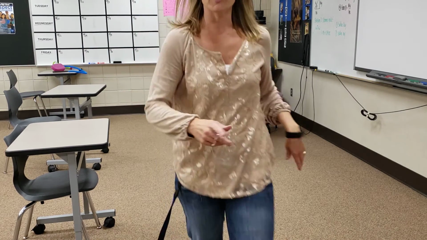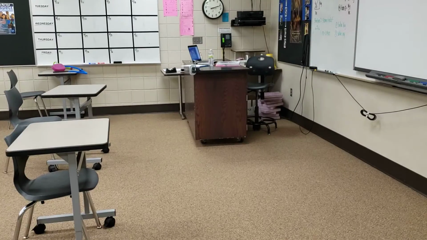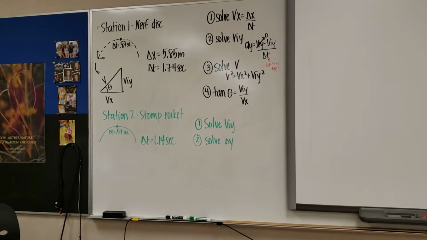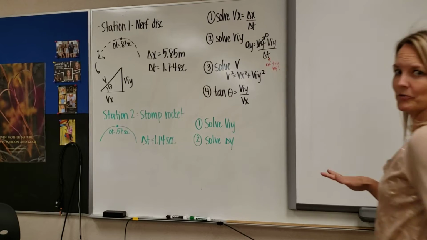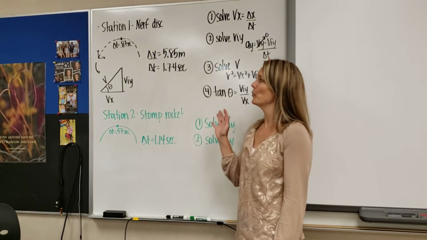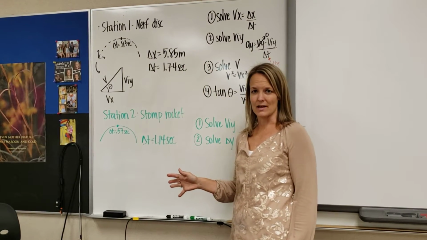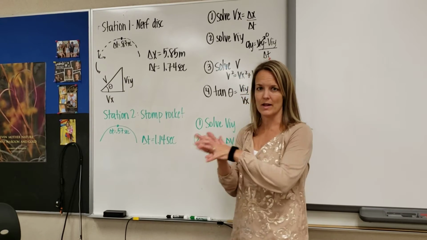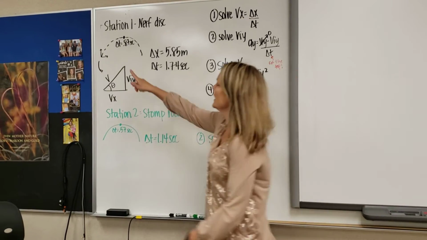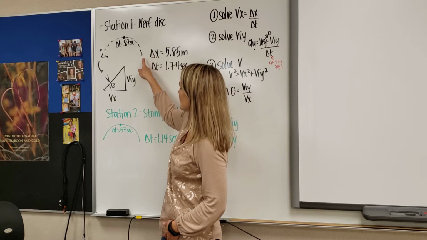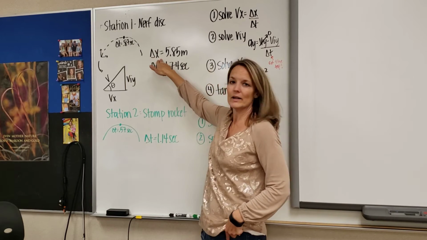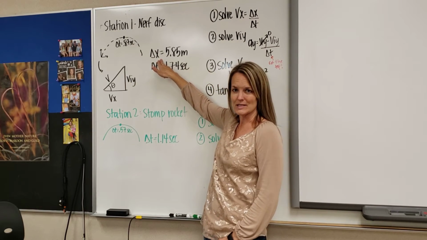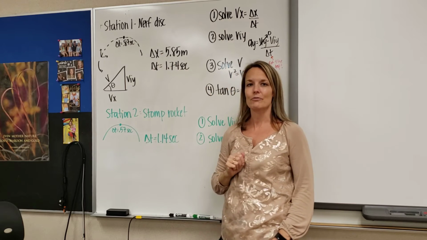Knowing those numbers, I'm going to bring you to the board right here. All right, so I moved my camera. We are now going back to see the actual data that you're going to use. So station one, the disc that went in the air, went like a projectile. Out in the hallway, I measured the total distance to be 5.85 meters.